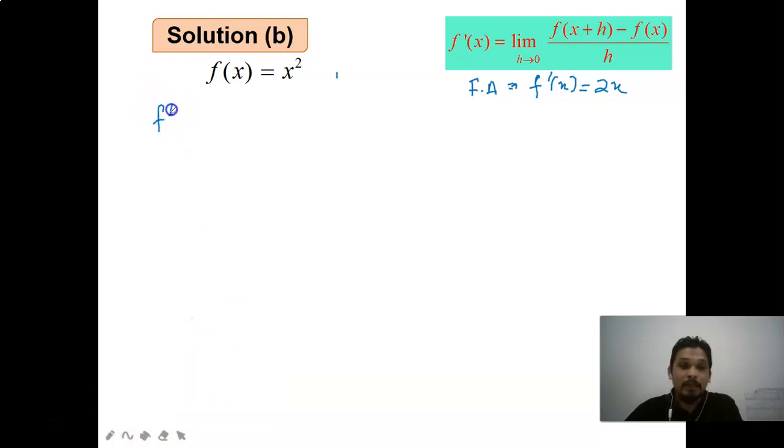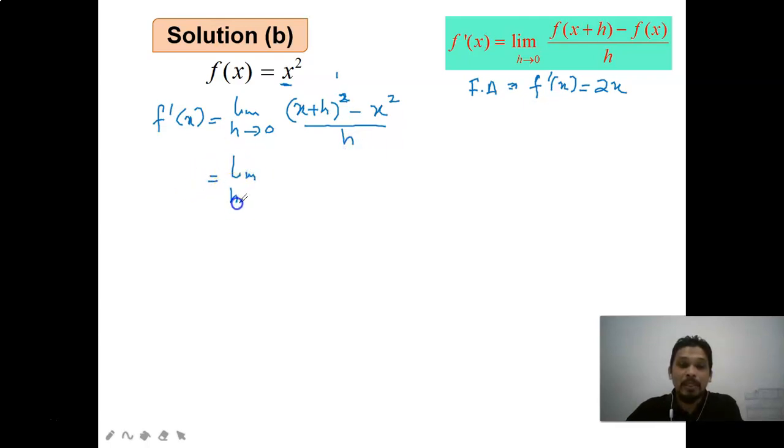Okay, f prime x equal to limit h approaching 0, f(x plus h). So substitute x plus h into this x, (x plus h) squared, minus f(x), which is x squared, and everything divided by h.